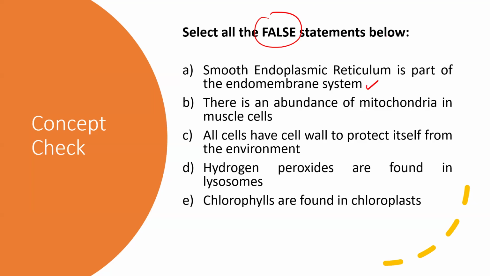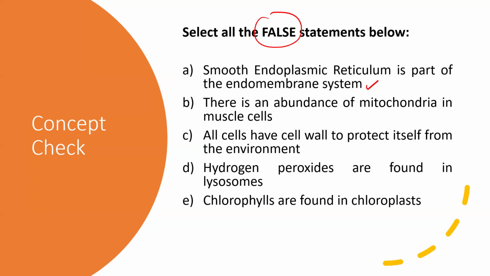The endomembrane system includes the following: nuclear envelope, rough ER, the channels with the ribosomes on them, right?